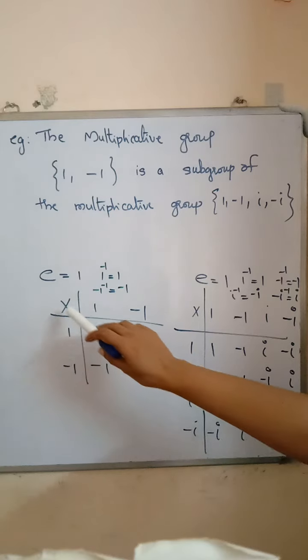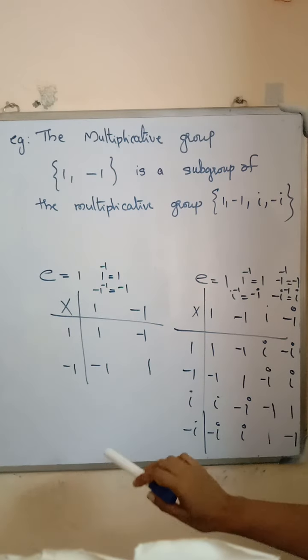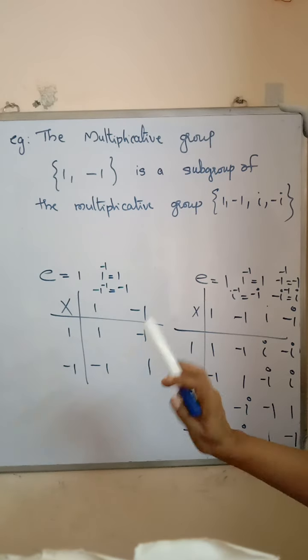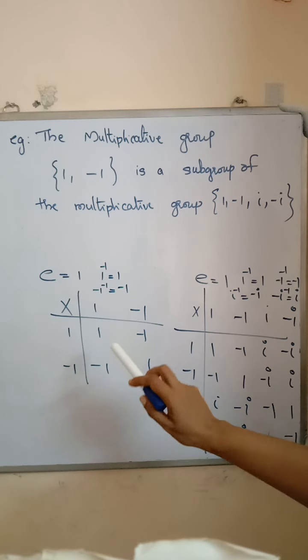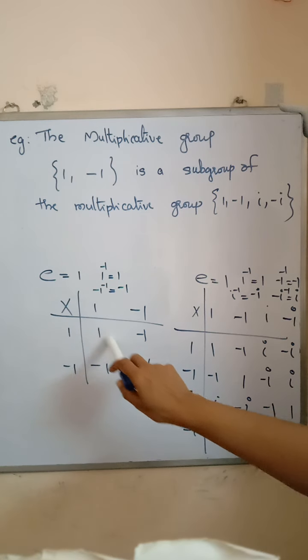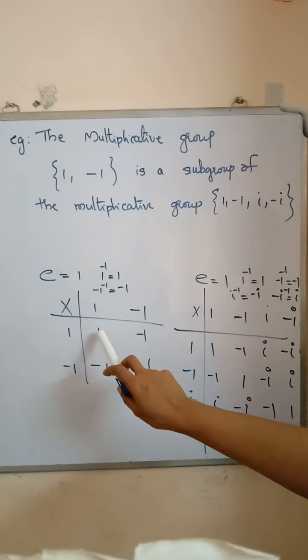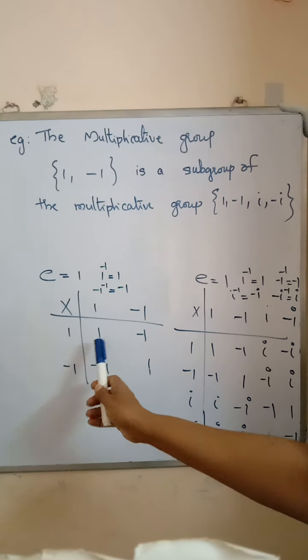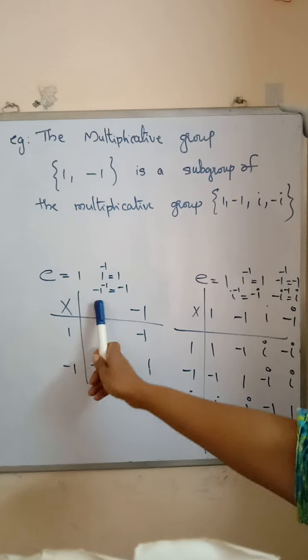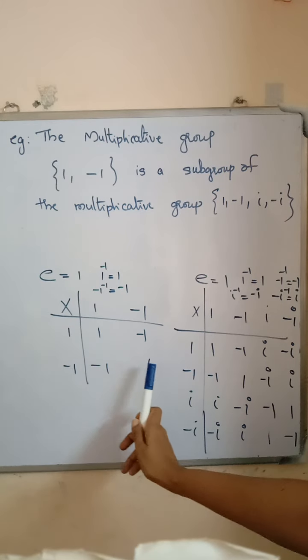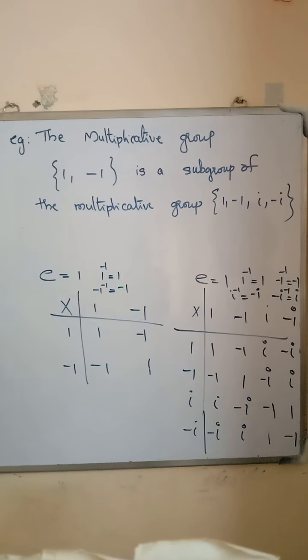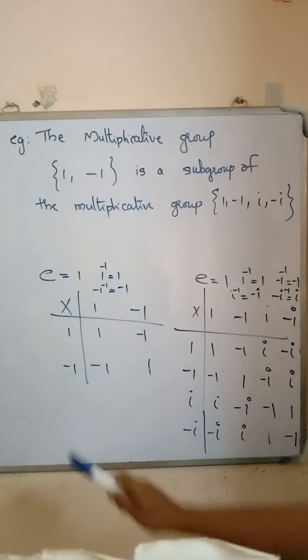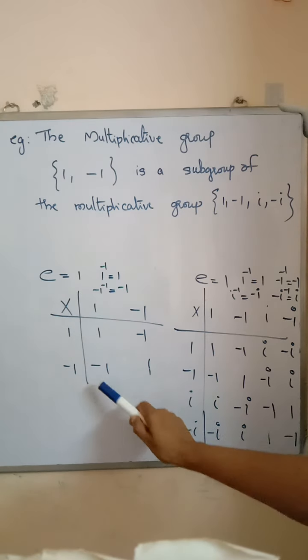Here this operation is binary. Also it is associative. Also an identity element exists, because 1 is the identity element. In all the rows 1 exists: 1 into 1 is 1, -1 into 1 is -1.